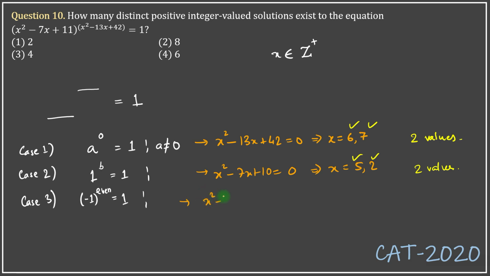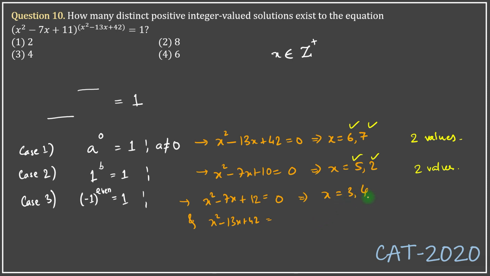When x square minus 7x plus 11 equals minus 1 and x square minus 13x plus 42 is even for those values. So again, this is minus 1 means x square minus 7x plus 12 equals 0. Factor it, you will get (x minus 3) times (x minus 4) equals 0. That is x is equal to 3 or 4.